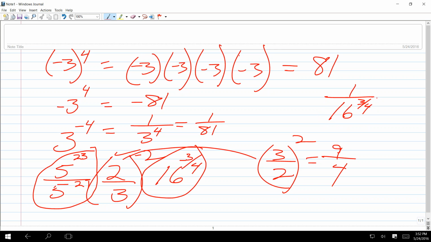What's the 4th root of 16? Not the 4th power, the 4th root, meaning 16 to the 1/4 power. That's 2, which means this is the same as 2 cubed. So it's really 1/8.